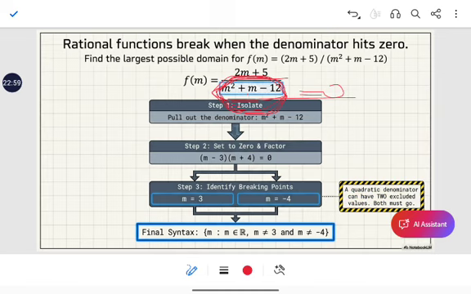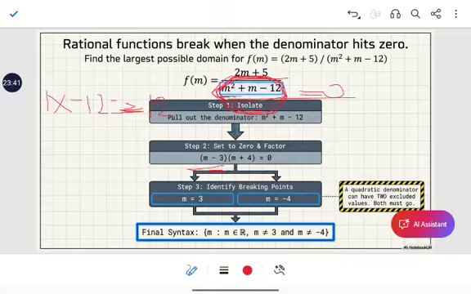So when you work it out, the factors are m minus 3 and m plus 4. How do you do it? Now you multiply the coefficient of m squared, which is 1, the number in front of the m squared, by the constant, which is negative 12. So our answer is negative 12.